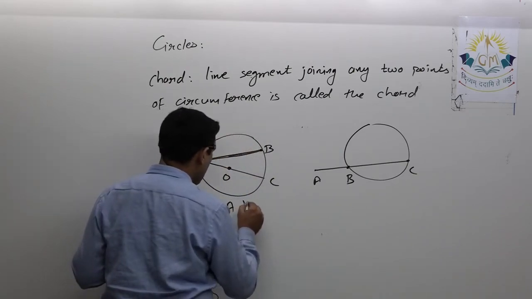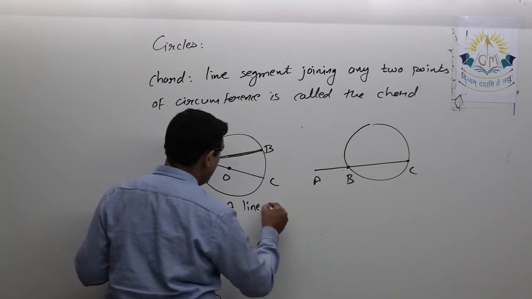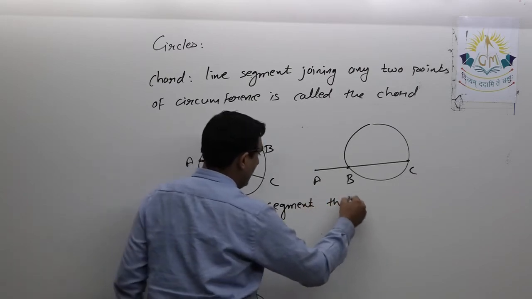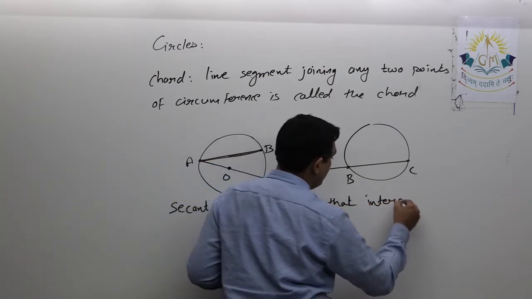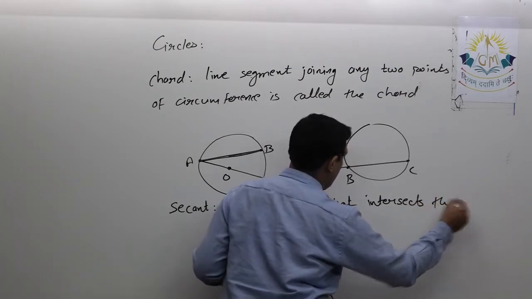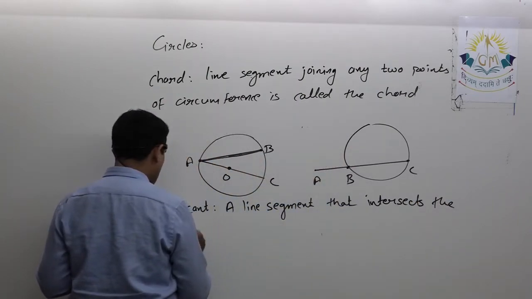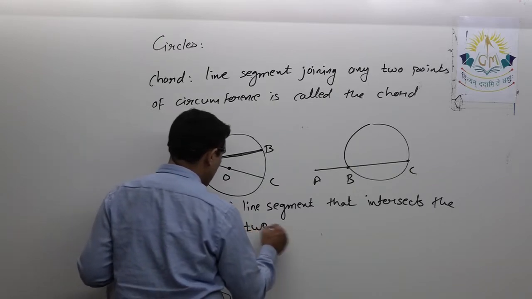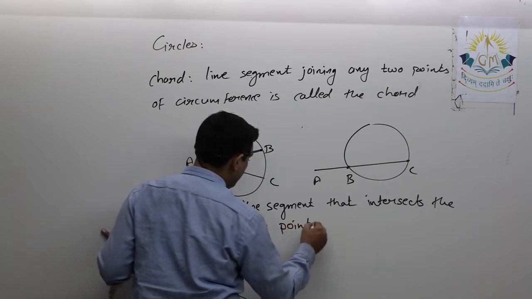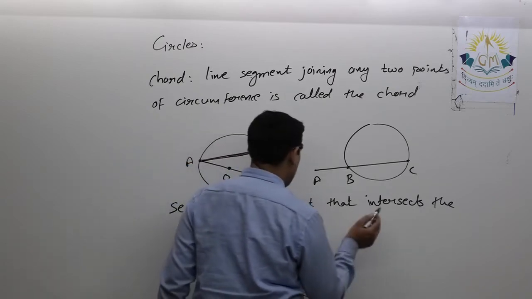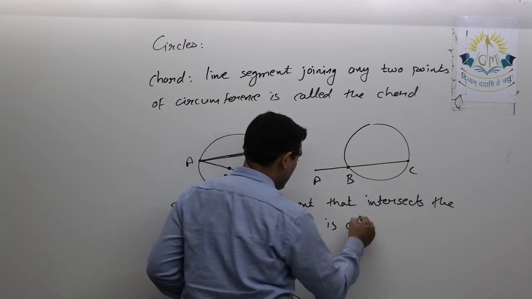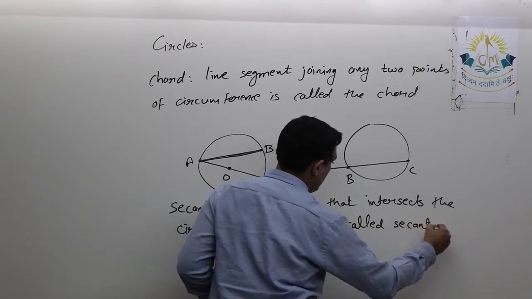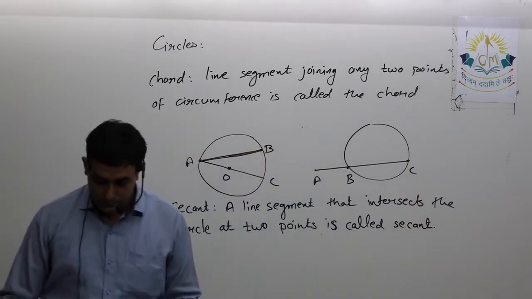A line segment or line that intersects the circle at 2 points is called a secant.